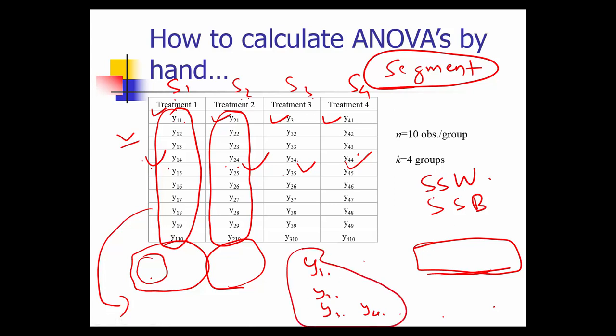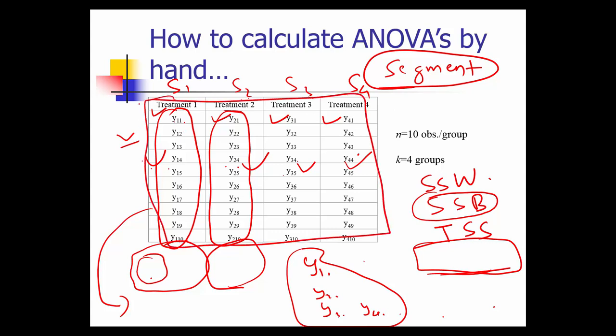That variance is nothing but SSB. The third one is the total sum of squares, TSS. TSS is nothing but the variance of all 40 observations taken together, without segmenting them. Hope it's clear. So this is within a segment, this is the variation for the 4 means that we have calculated, and this is the variation in all 40 observations.